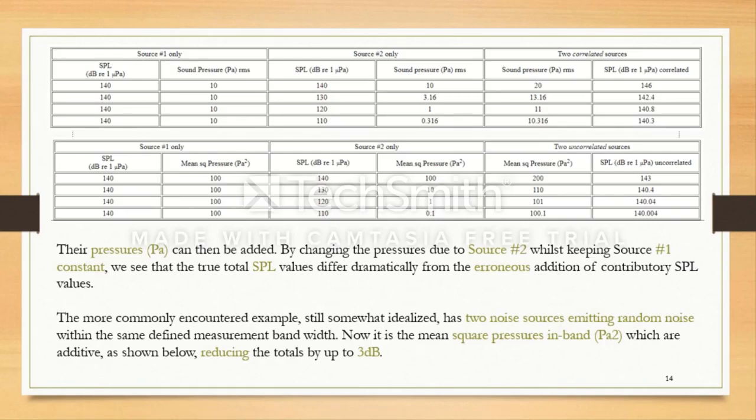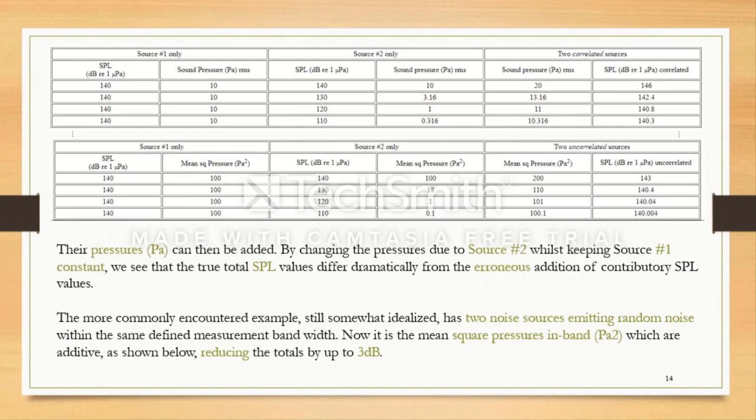It's mean square pressure. For this project, source 1 is constant, but source 2 has changed.